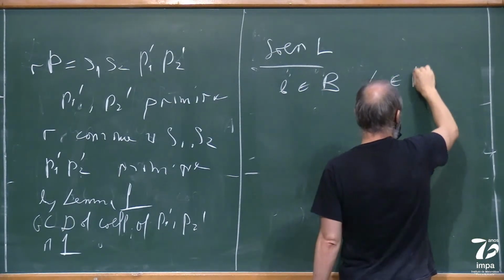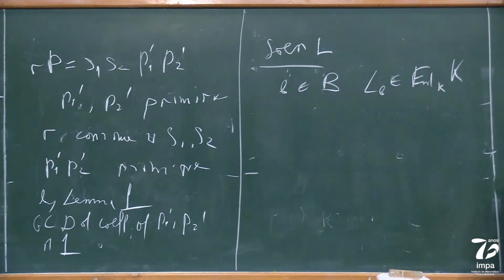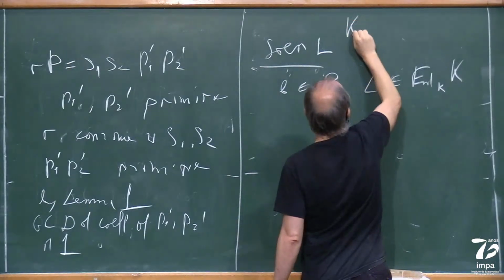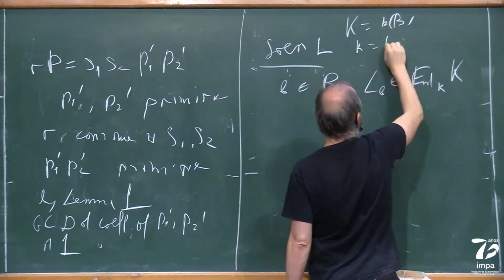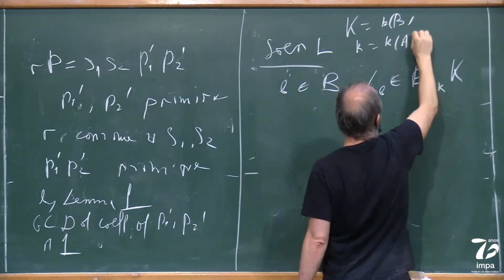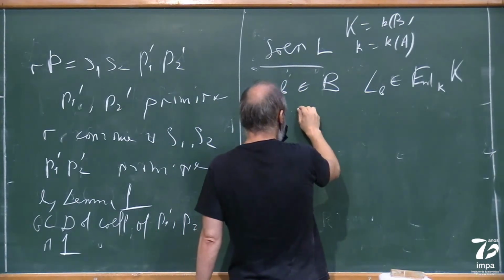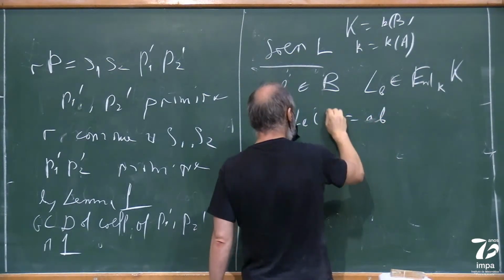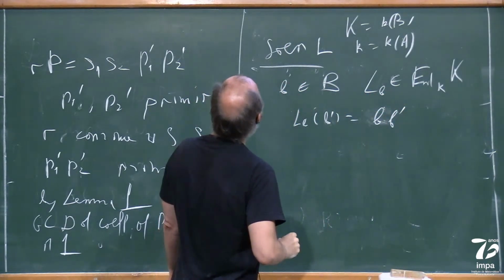It belongs to the endomorphisms of K big over K small, where, let's use the notation, K big is K of B big, and K small is K of A big. And it takes a to ab, and b prime to bb prime. So it's an operator of multiplication by b.